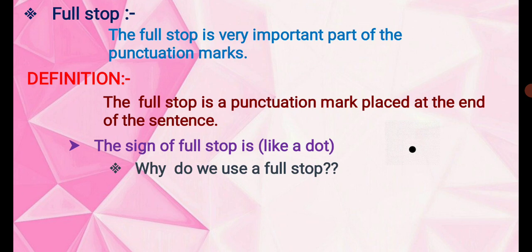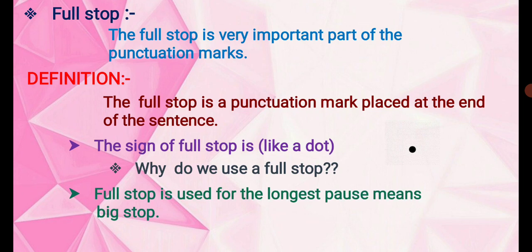Why do we use a full stop? Do you know why we use a full stop? A full stop is used for the longest pause, means a big stop. Because whenever we speak or write sentences, to give some space to continue with the next sentence, we have to take a big stop, a big pause.